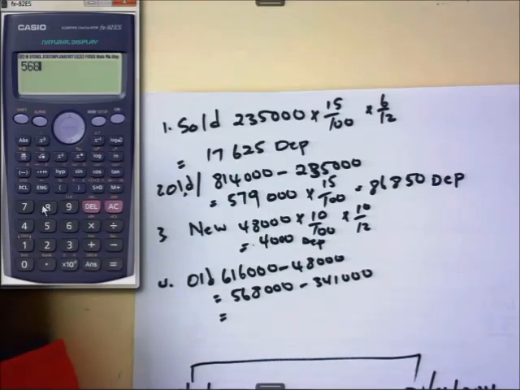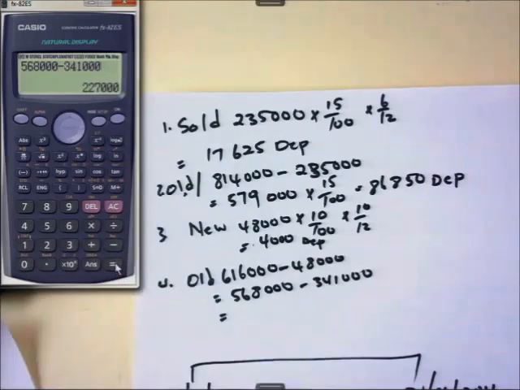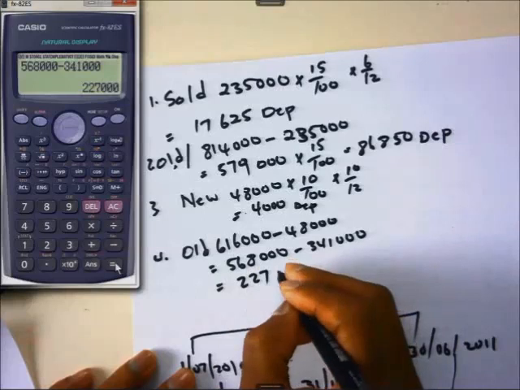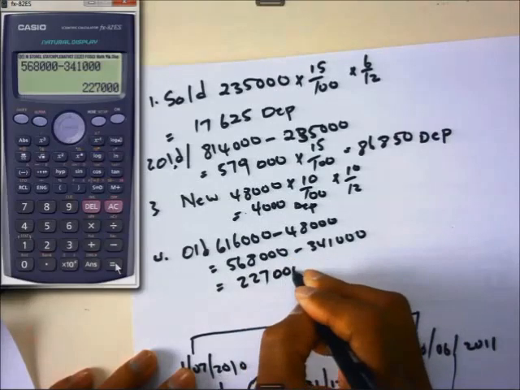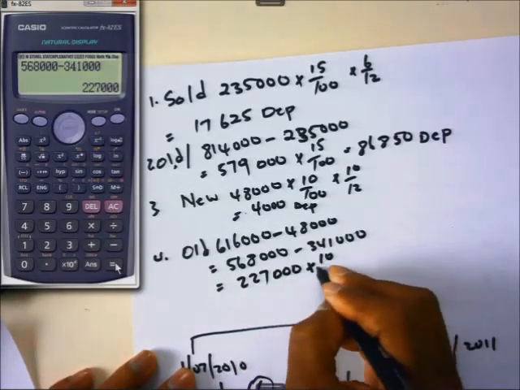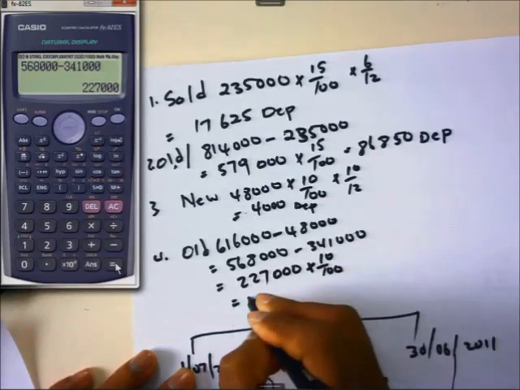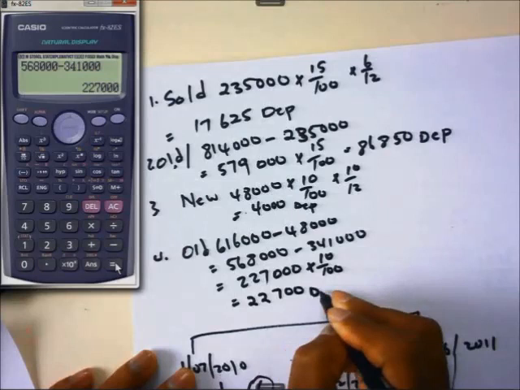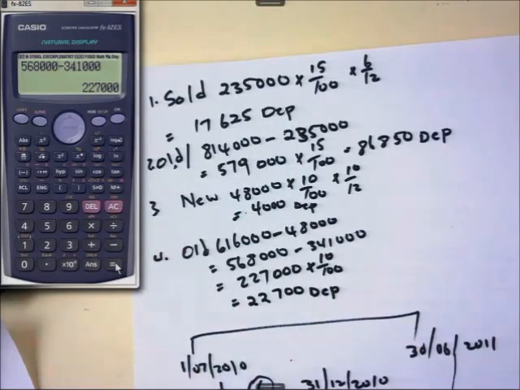It will give us 227,000 as our carrying value. Multiply by the percentage, 10%, and it will give us 22,700.